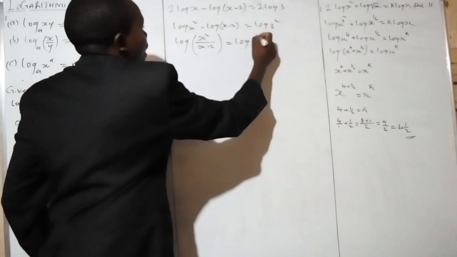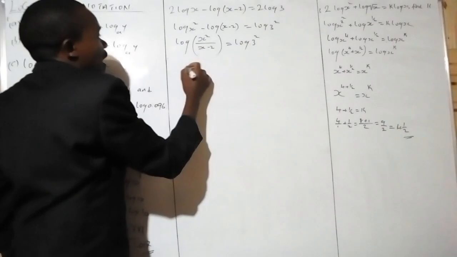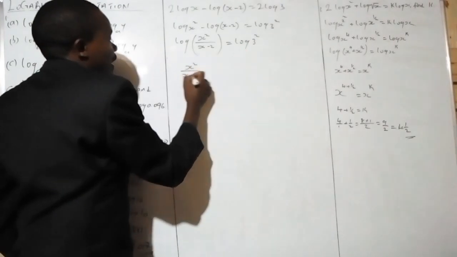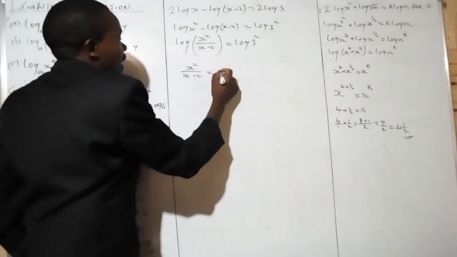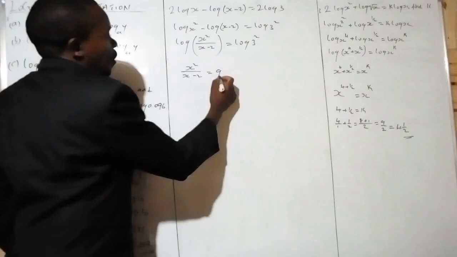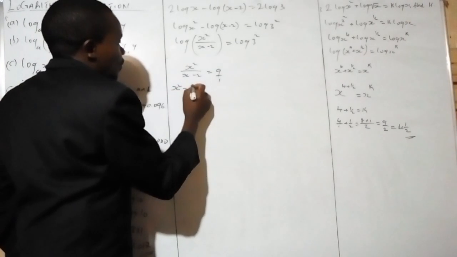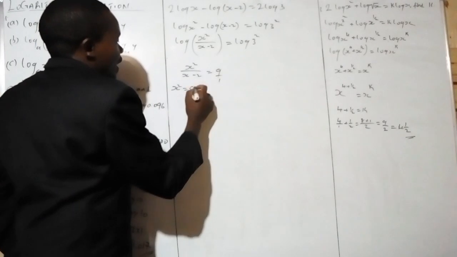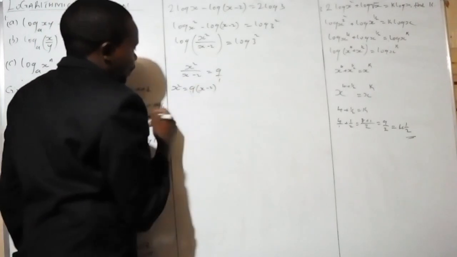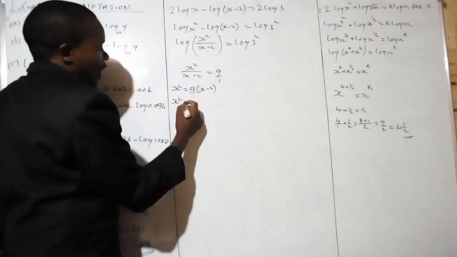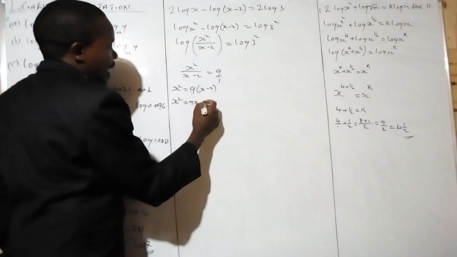Drop the logs to have x squared all over x minus 2 is equal to 3 squared, which is 9 over 1. Then you can cross multiply to have x squared is equal to 9 times x minus 2. x squared is equal to 9x minus 18.